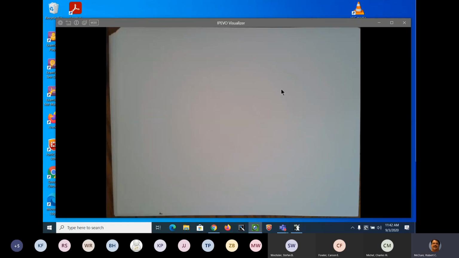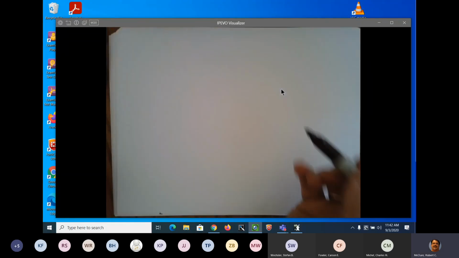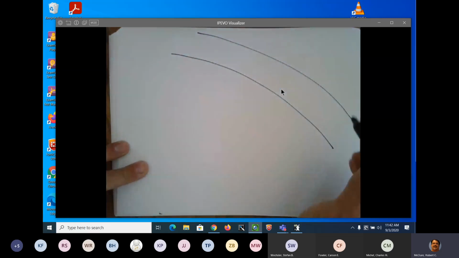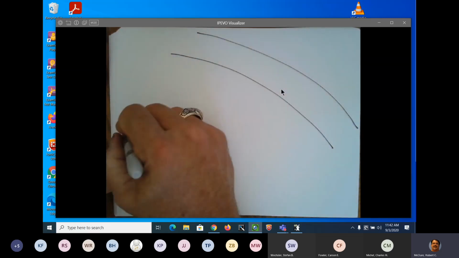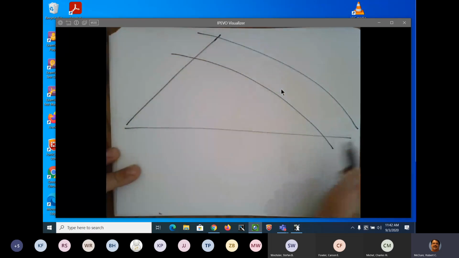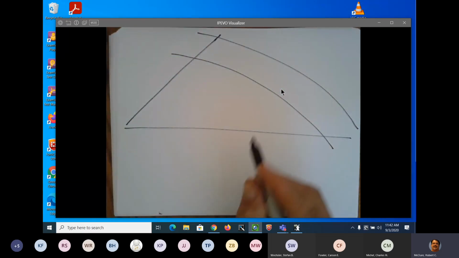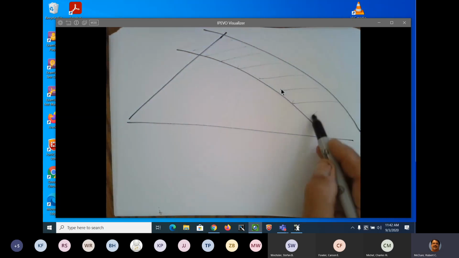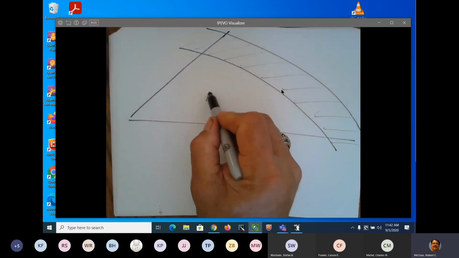You have a proposed road that's going through here with a horizontal curve like that, and you've got a man's property line that goes here and a man's property line that goes there. Okay, and you want to buy up this right of way right here.